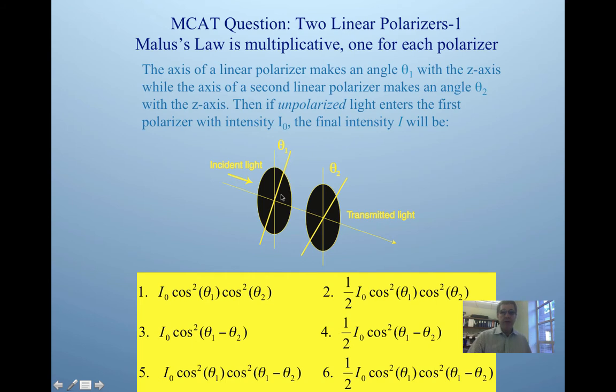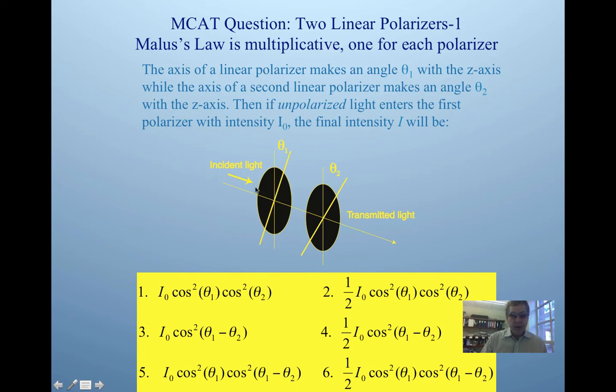That's what Malus's formula says. And so now that we have two Polaroids back to back here, the Malus's formula is going to have to be used multiplicatively. The output intensity from this filter then becomes the input intensity for this filter. So we just multiply. If I had three filters, that would be fancy. We'll see that in a second. Then I'm going to have to multiply three transmission factors from Malus.